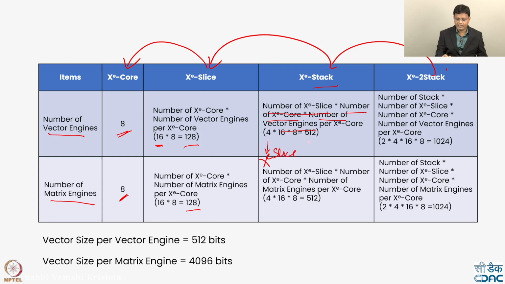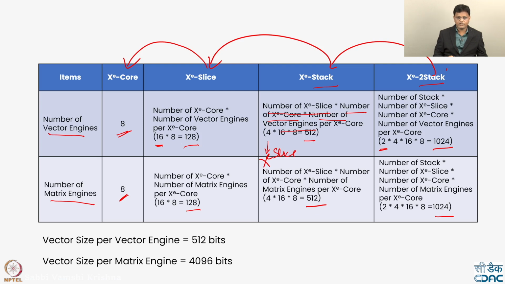So, if I multiply that, I will get the total number of vector engines present in a single stack, and if you talk about the 2 stack, it is just a doubling of the single stack and an exact replica of the stack. So, you have to multiply with a new parameter, 2. The total vector engines present in a 2 stack Intel GPU is 1024, and the same value holds for matrix engines.